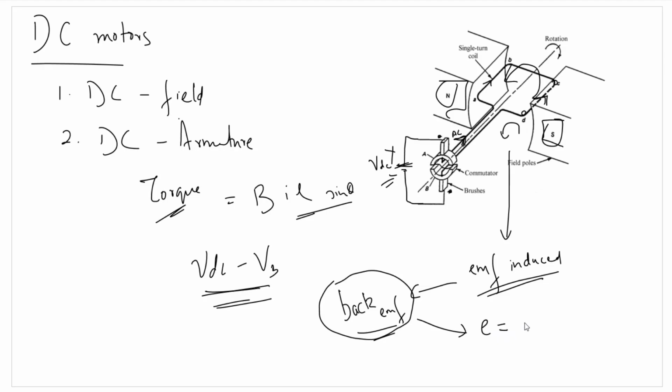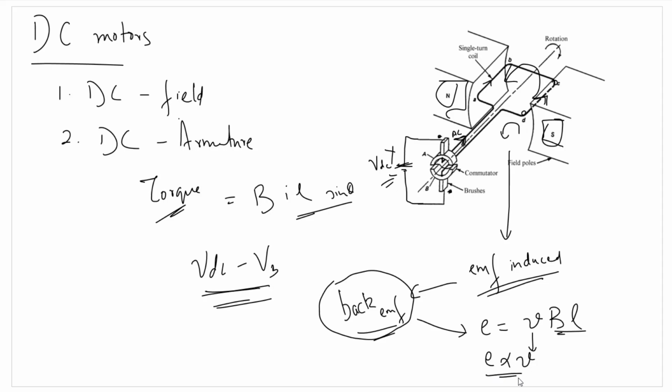Now what is this back EMF dependent upon? We know that induced EMF is equal to VBL. Since B and L cannot change, we can assume that E will be proportional to the velocity of rotation. So, if the DC motor is rotating at a slower speed, the back EMF induced will be less. If the DC motor is rotating at a higher speed, the back EMF induced will be more.